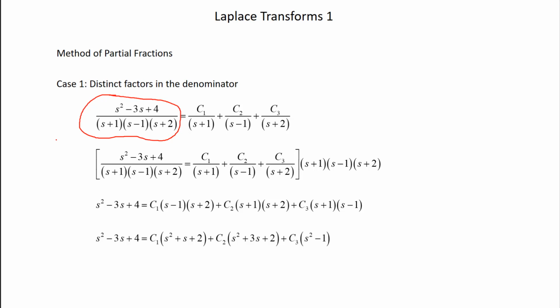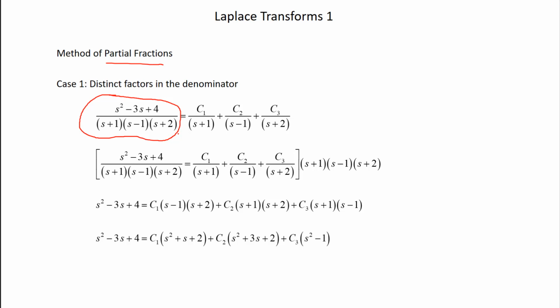And depending on the table you have, you're going to find that there is no entry for that kind of a fraction. So this is where you have to remember the method of partial fractions so that you can break a complicated fraction involving a whole bunch of terms down into more basic fractions or more basic terms that can be inverse Laplace transformed by inspection from the table.